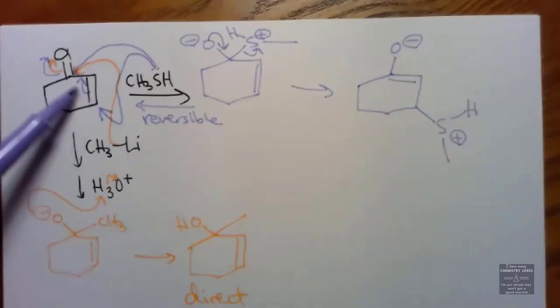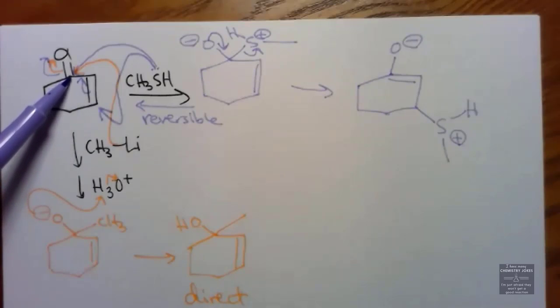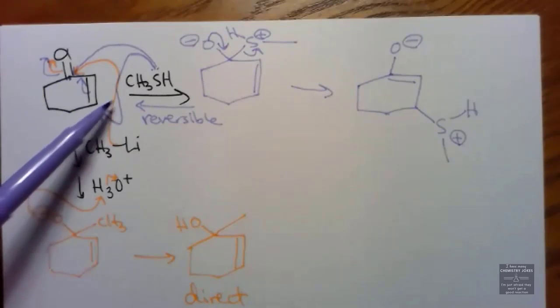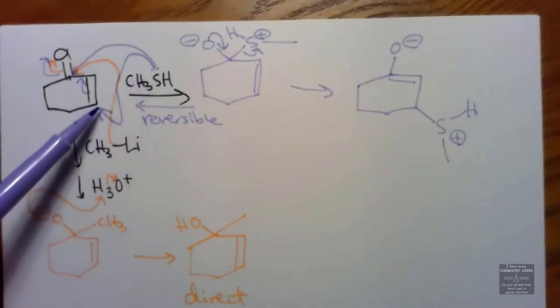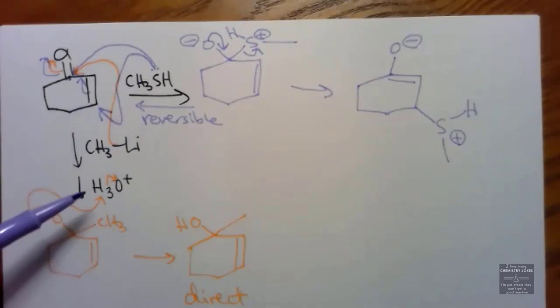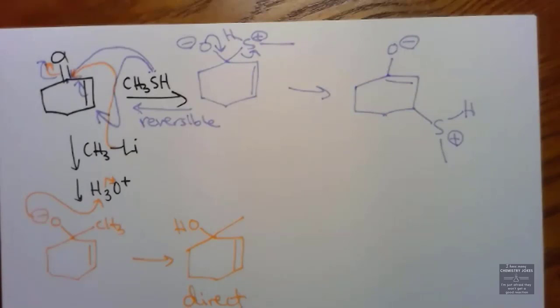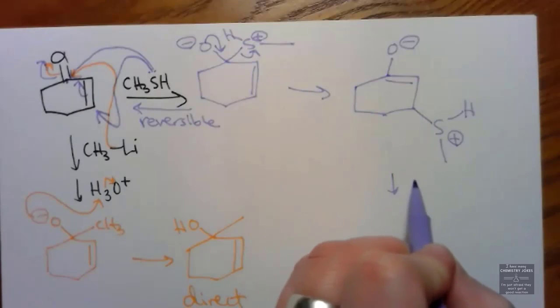Comparing these two partial positives, this one's a greater partial positive, this one's a lesser partial positive. Slow patient nucleophiles can attack the lesser partial positive. The fast and furious ones attack the first available positive no matter what. So I get here, and some base comes to clean up.